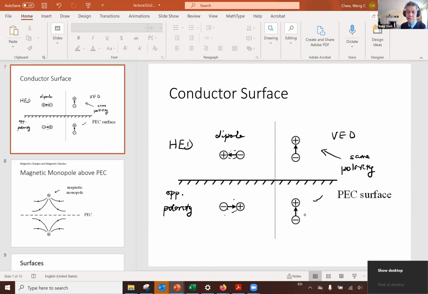Okay, so you can use image theorem to find the static solution of an electric dipole on top of a conductive surface. But then this is using static theory. The image is quite easy to find. What happens if you have a conductor that is not static?